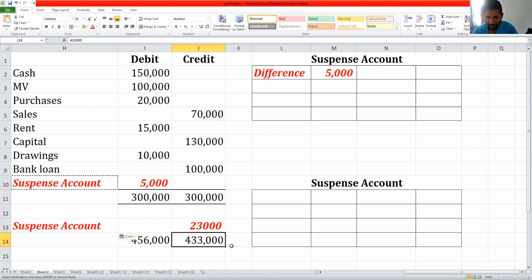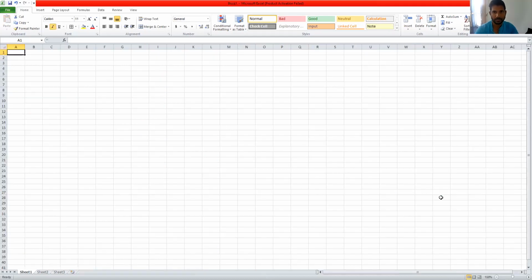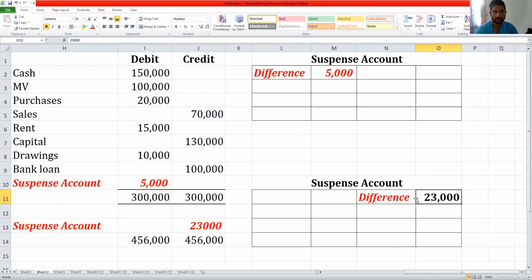Let's write: Suspense account, difference in the credit side, 23,000. See. පැහැදිලි නේද?